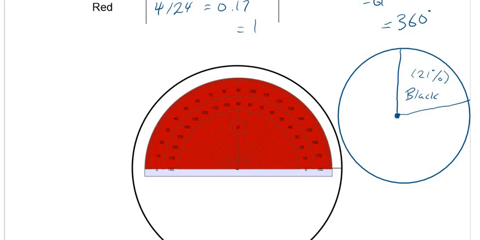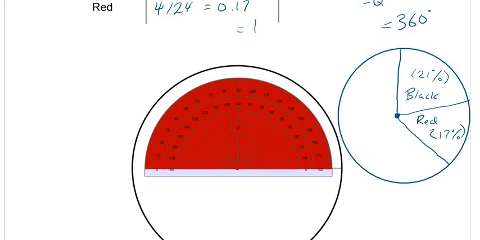Next, we're going to have red, which was, we said it was going to be 61 degrees. So measuring from one end of your black category, we're going to measure 61 degrees. And that's going to be here. So red, that's going to be 17%.